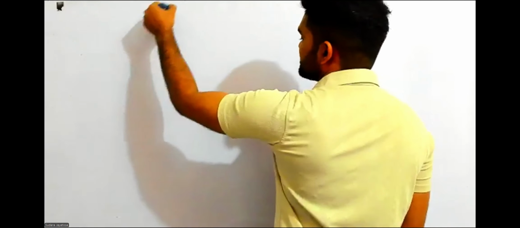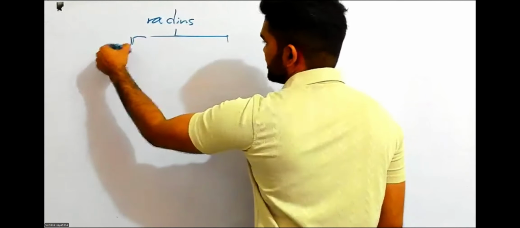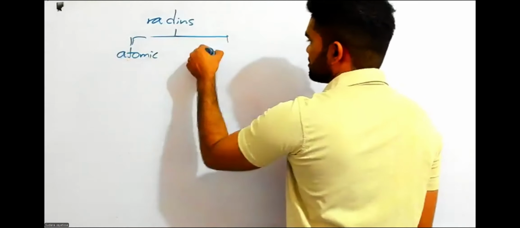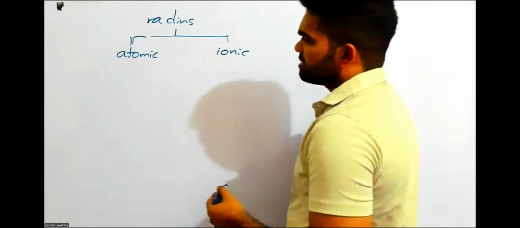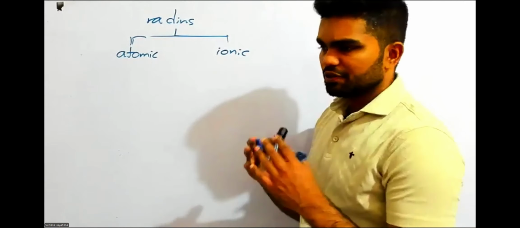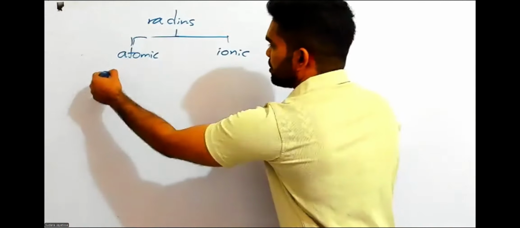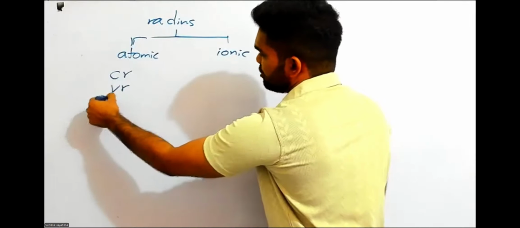So when we discuss radius, there are two things: atomic radius and ionic radius. Under atomic radius, we discussed three different ways: covalent radius, van der Waals radius, and metallic radius.